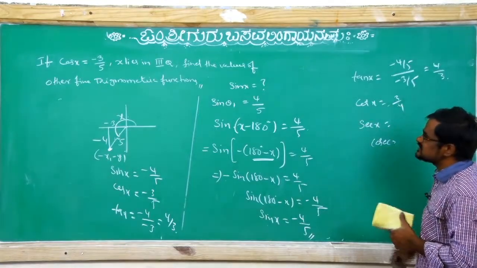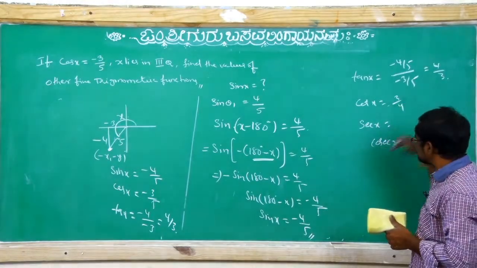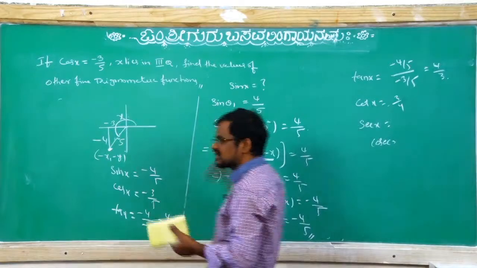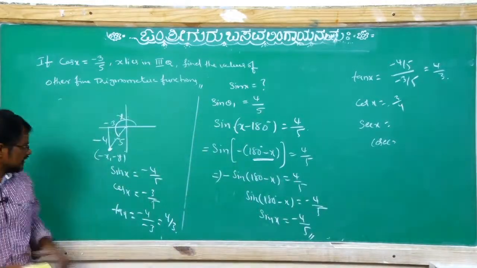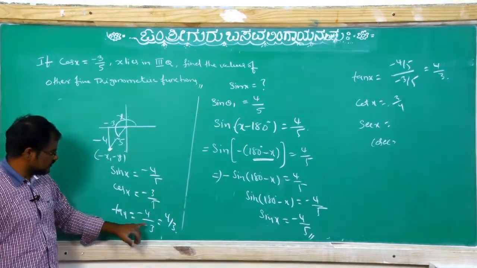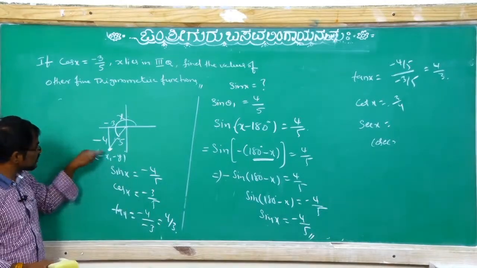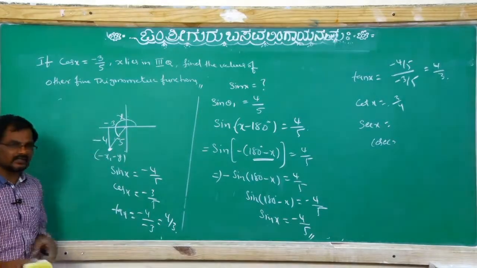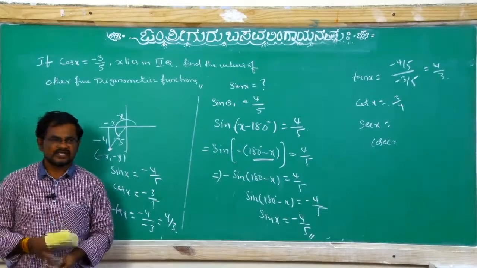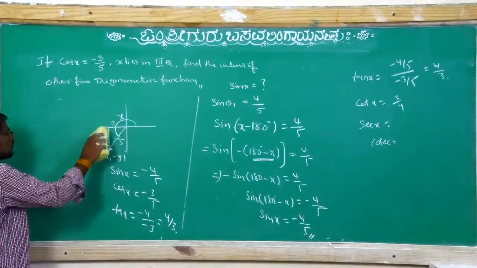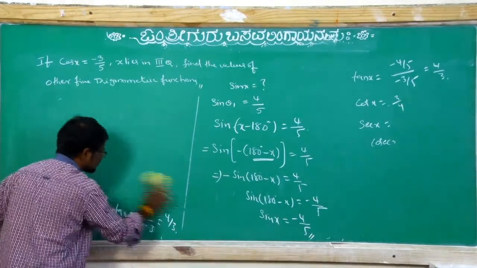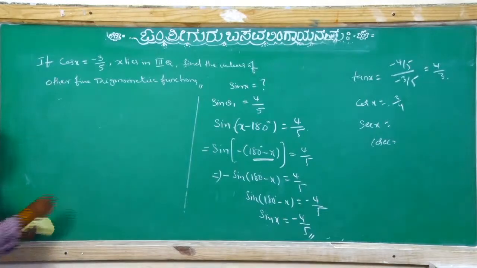Now secant x is reciprocal of that and cosecant is reciprocal of that. Now satisfied or not, once you check. See, this is minus 4 by minus 3, that is equal to 4 by 3. In that particular quadrant, negative values if you take, no need to follow reference method. Otherwise, you don't want to follow this also, just like this you have to take.